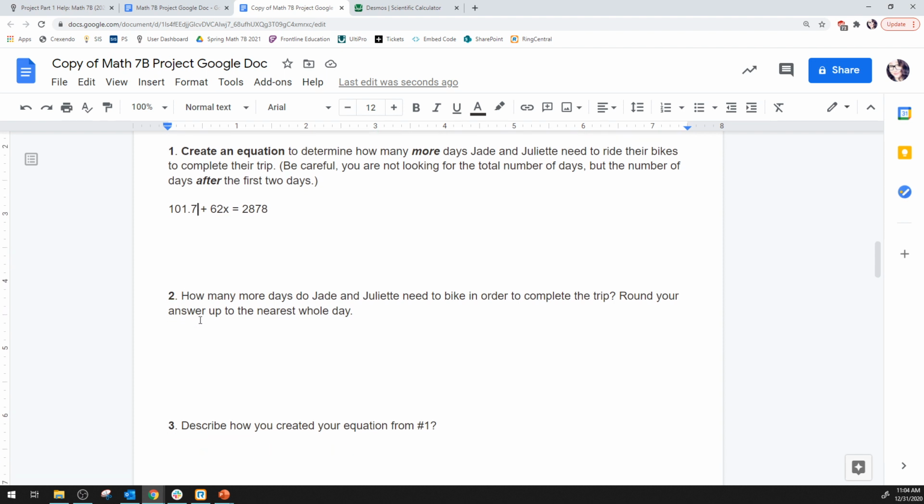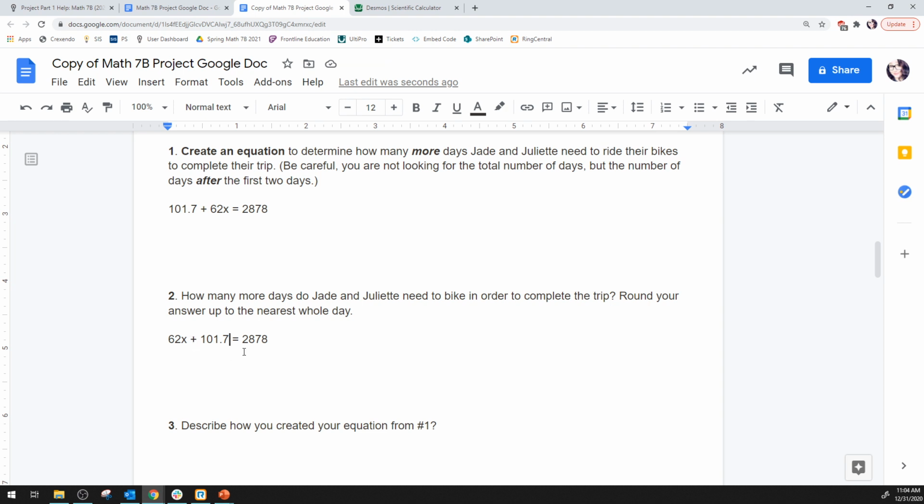Number 2 says, how many more days do Jade and Juliet need in order to complete their trip? So what we want to do here is we are going to take our equation and we are going to solve it. Okay, and I'm going to change the order just to make it a little bit easier. And I'm going to put our variable first. So from here, it's a very simple solving 2-step equations.